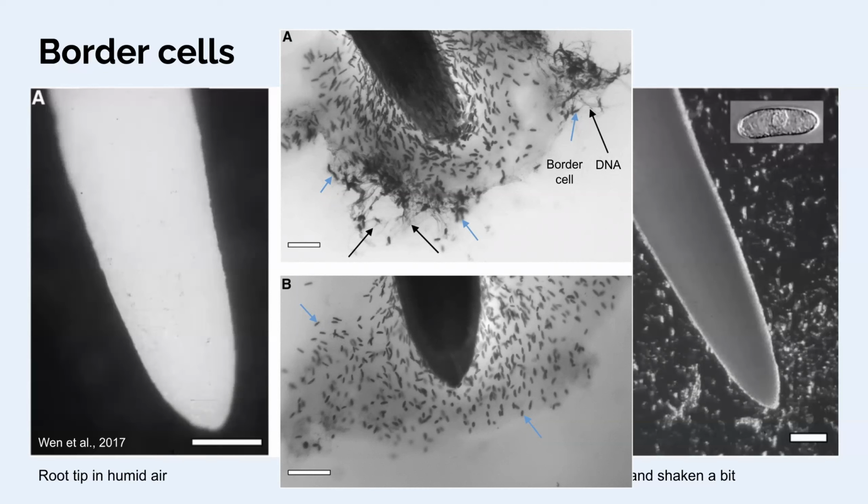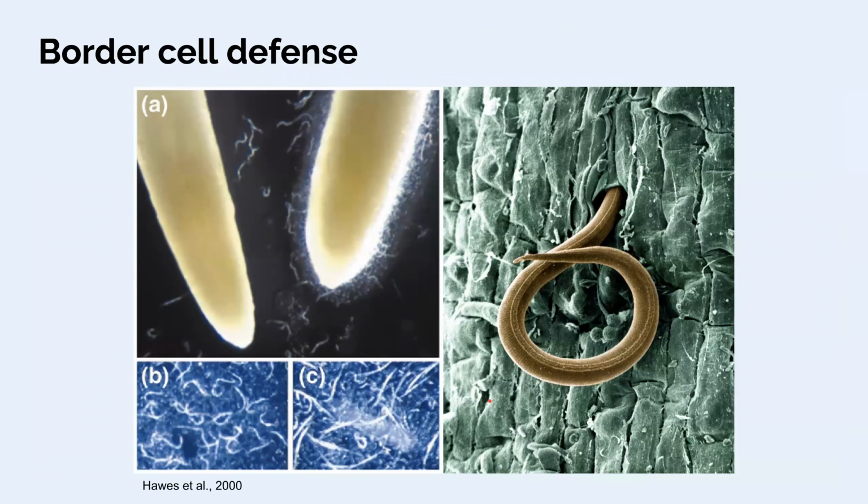And so there's DNA in this environment. DNA is sort of able to be dissolved into watery environments. So we have all these border cells, and they're part of this mucilage sheath again. So you can't quite see it, but you can see sort of a haze here of what would be that mucilage environment with cells in it. And here's one of the things that those cells can do.